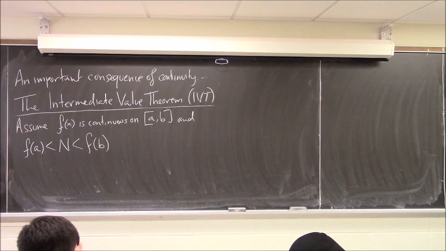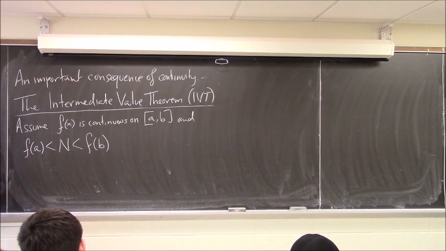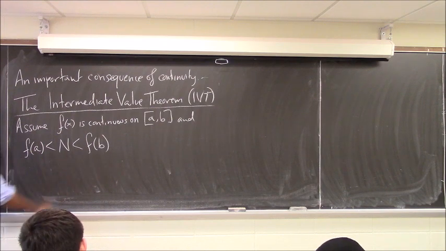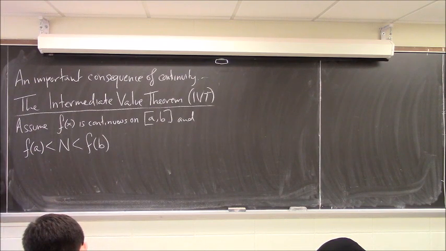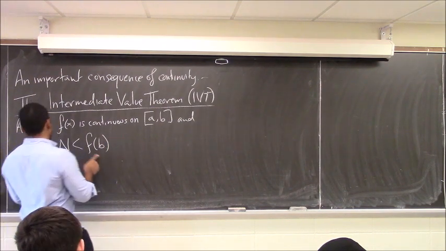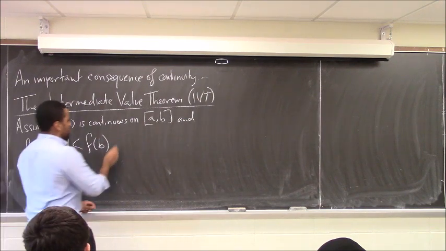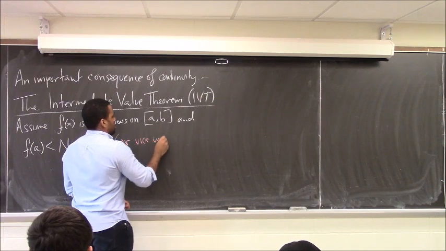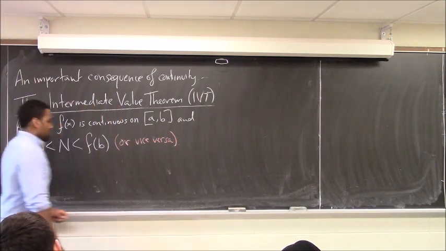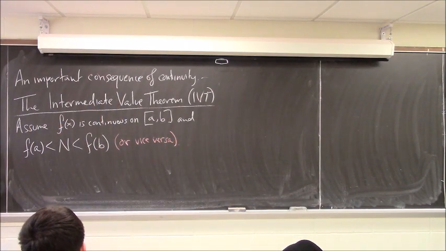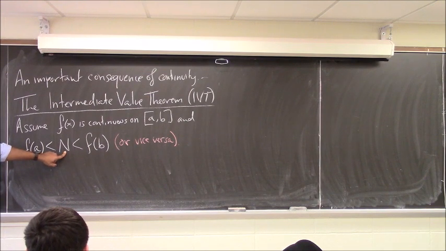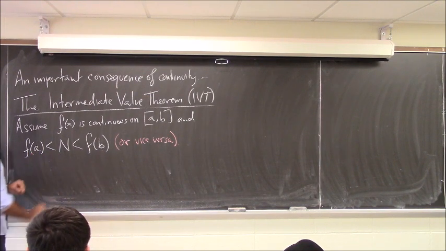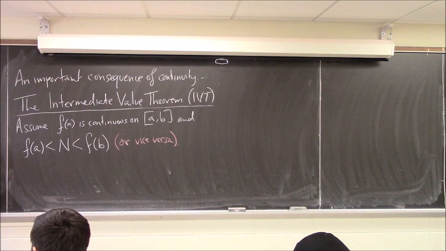Let's say there's a number that is strictly between the y values f of a and f of b. So there's a y value that's in between these two y values. The order doesn't necessarily matter. You could have f of b being the larger and f of a being the smaller, or vice versa. The point is there is some y value in between the y values of the function at the endpoints.